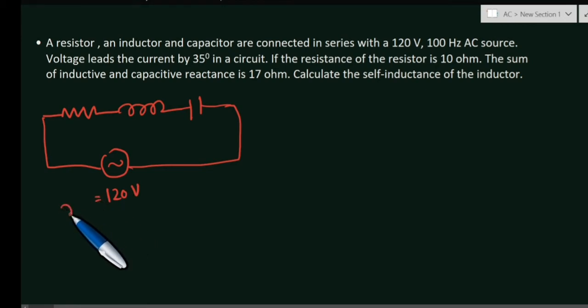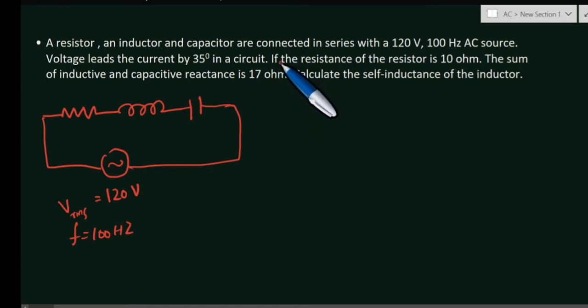So Vrms value is 120 volt and F value given, that is equal to 100 Hertz. Voltage leads the current by 35 degree in a circuit. They have given voltage leads the current. So voltage leads the current in an inductive circuit, that is inductive predominated circuit. So XL is greater than XC, it is understood.